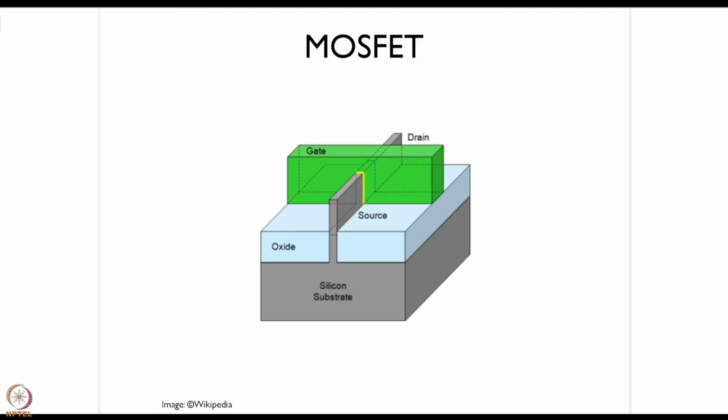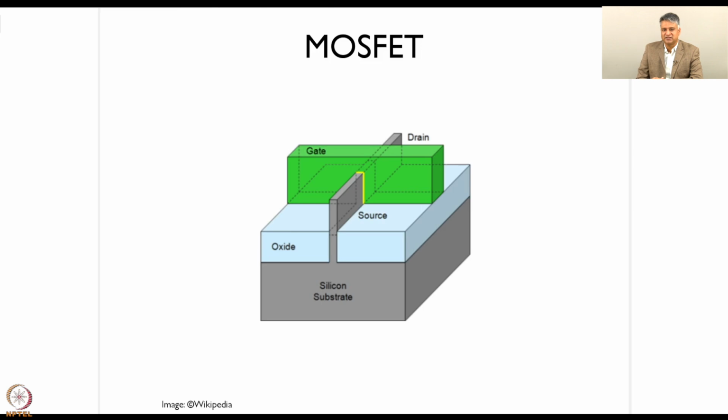The basic element of any computing device is the MOSFET, or the metal oxide silicon field effect transistor. This is the building block for making all the logic gates, and from the logic gates you have all the complicated circuits which do the computations for you.